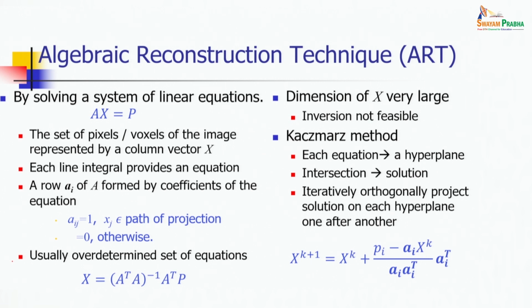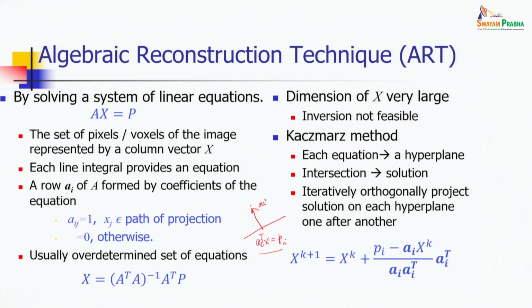And this orthogonal projection can be shown geometrically in this way. You have a hyperplane whose normal is given by the vector ai. If I write, for example, ai transpose x equal to some value, say pi, this is a hyperplane whose normal is along ai.